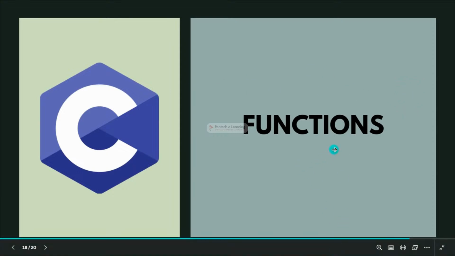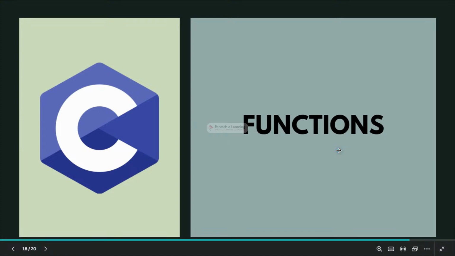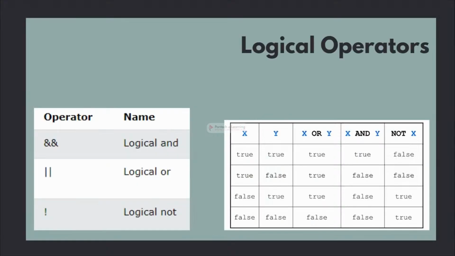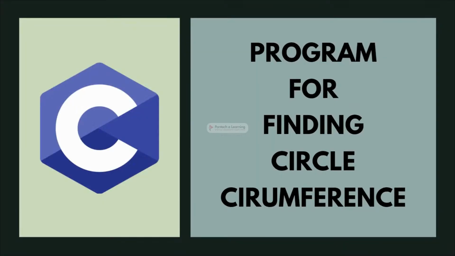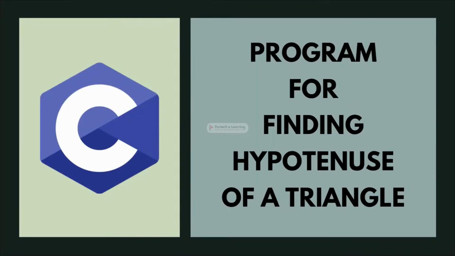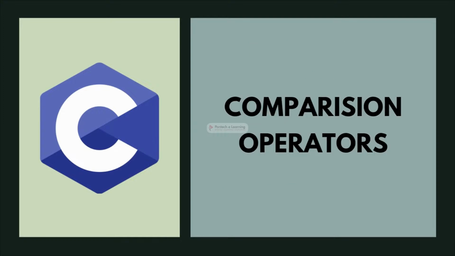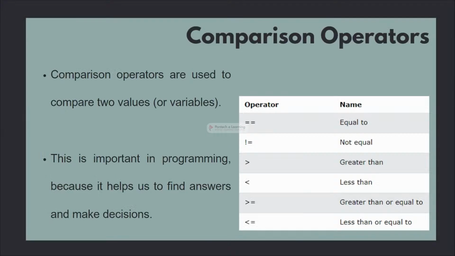And we still have functions left. I hope we can see functions comfortably in the next session, since we have dealt with a lot of details in this session. So, a recap of what we have seen in this session. We have seen a program for finding circle circumference. We have seen a program for finding the hypotenuse of a triangle. We have seen comparison operators.